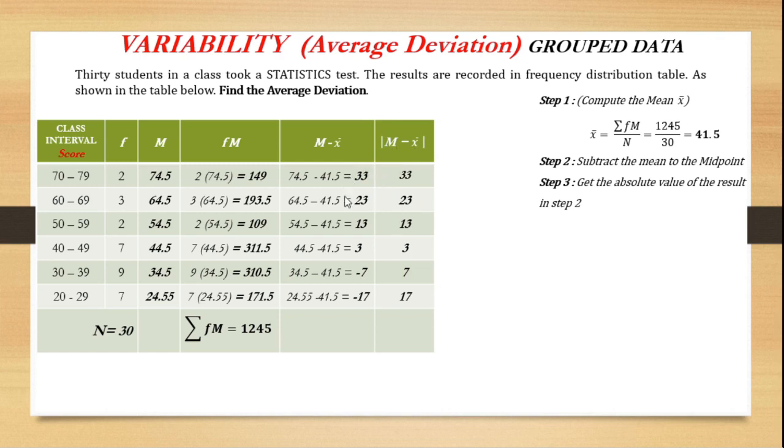It means all of these values, regardless of the sign, will become positive. So 33, copy 33, 23, 13, 3, and since the absolute value of negative 7 is 7, the absolute value of negative 17 is 17.